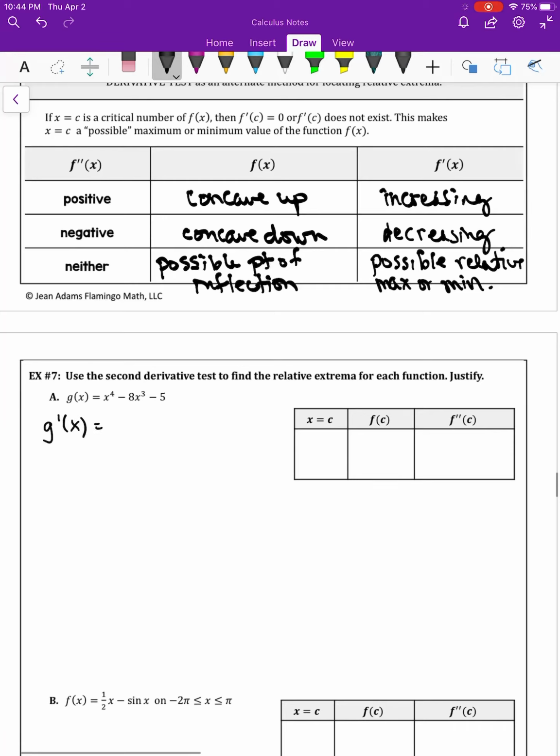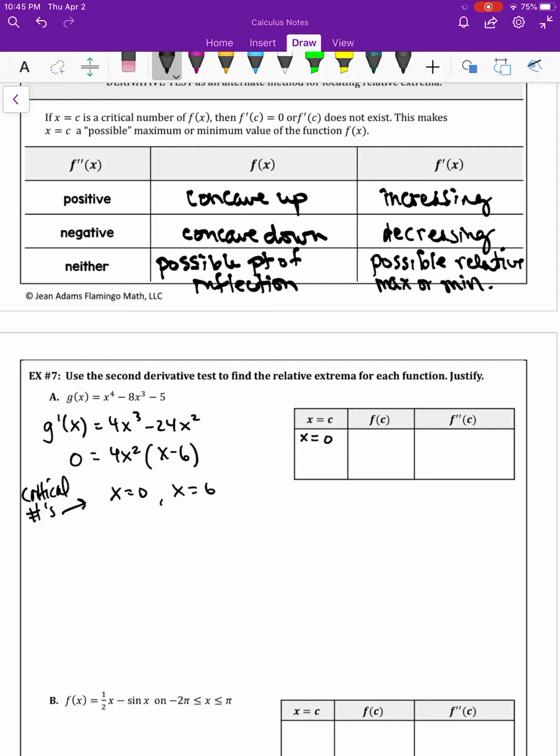So what we're going to do, even though we're using the second derivative test, we first have to take the first derivative and set it equal to 0 because we need to know what those critical points are. And so x equals 0 and x equals 6 are our critical numbers, which, you know, if we found the corresponding y value, they'd be technically critical points.